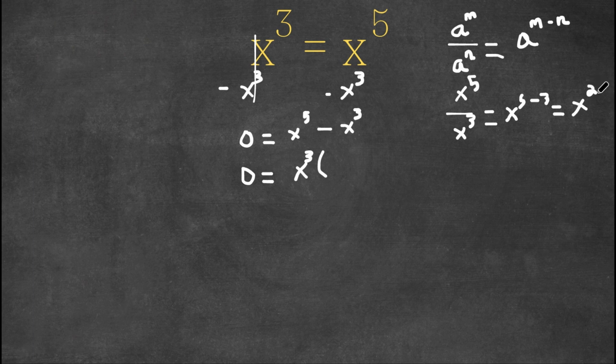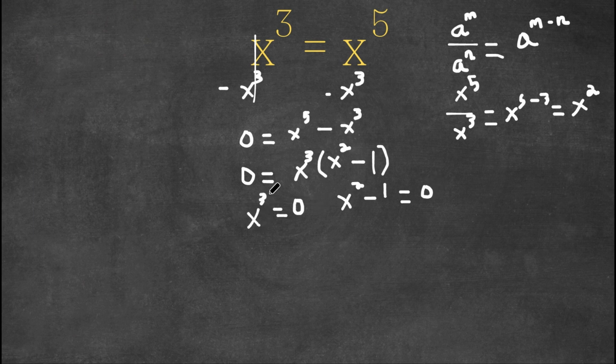So we have x to the power of 3 times x squared minus x to the power of 3 divided by x to the power of 3, which is simply 1 because anything divided by itself is 1. So now we have two equations from this. We have x to the power of 3 equals 0 and x squared minus 1 equals 0.